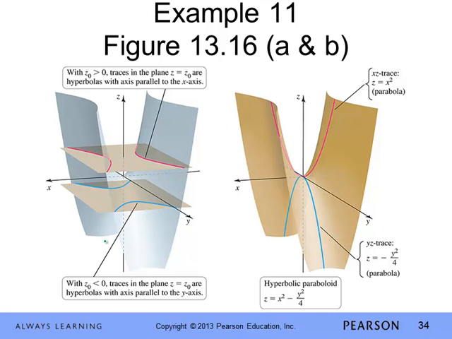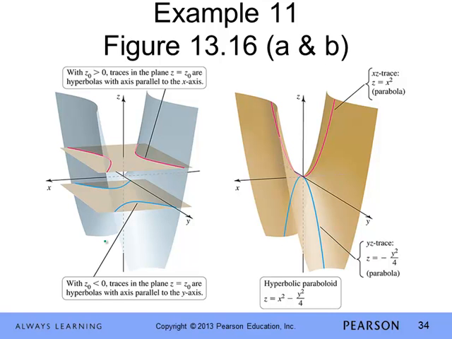Which is interesting. We'll have some experience with saddles later on in the course. But imagine me asking you the question, if you're standing right here on the saddle, is that a maximum or a minimum value? And your response would be, well, it depends on what direction we're talking about.